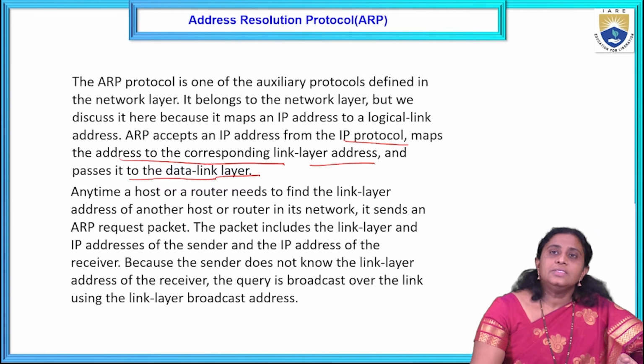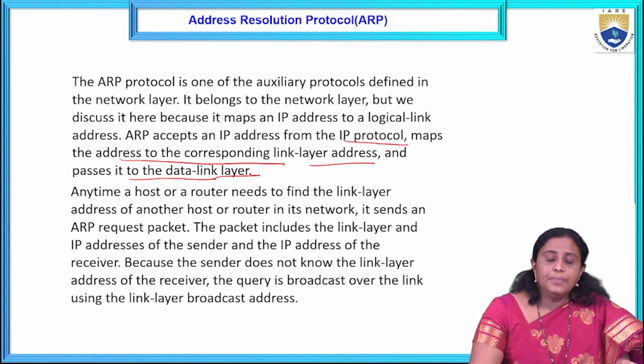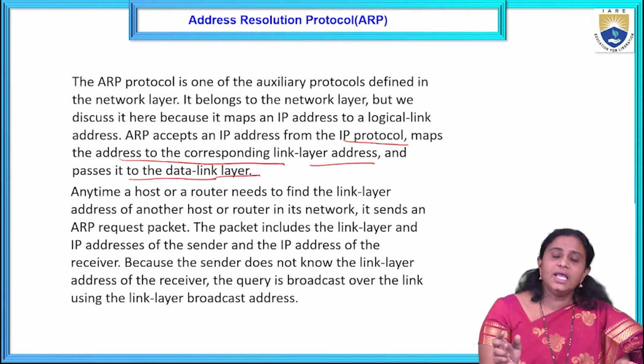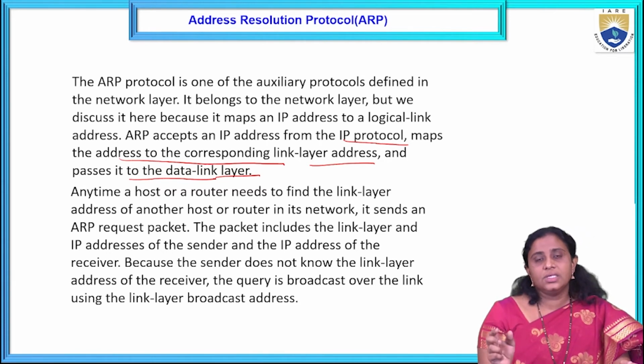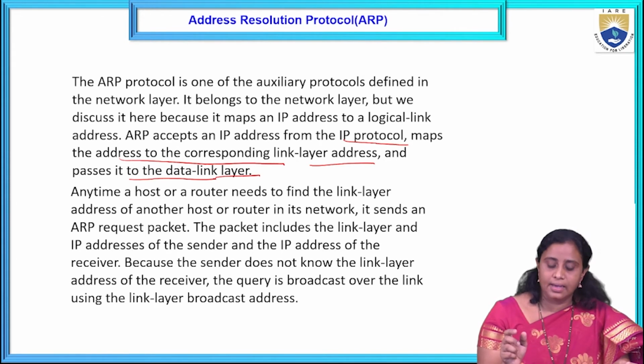For that reason, the Address Resolution Protocol is helpful under the data link layer: it identifies whether each data packet travelling from one source to another destination host under the data link layer holds the address or not. This is the role performed by the Address Resolution Protocol under the data link layer.